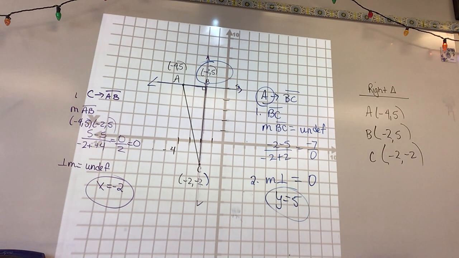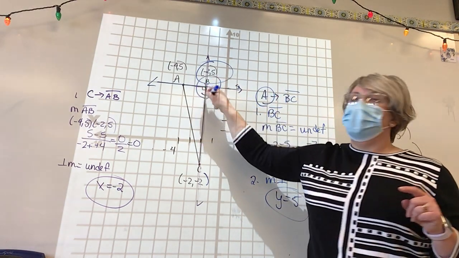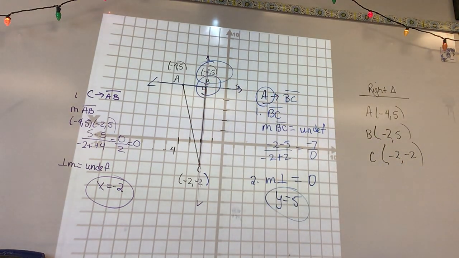This is actually going to be on the right angle of the original triangle. So this would even be less work than the right triangle of the perpendicular bisector. If you got a right triangle on Friday, once you graphed it and you found where the right angle is, that vertex is your answer. You don't have to do anything other than graph it, really. So we just have orthocenter equals -2, 5. Wouldn't that be nice?